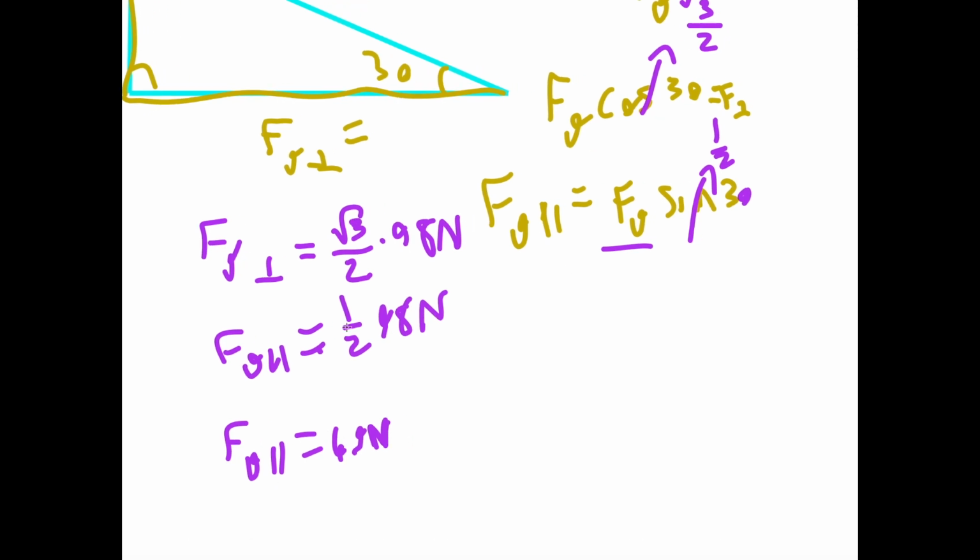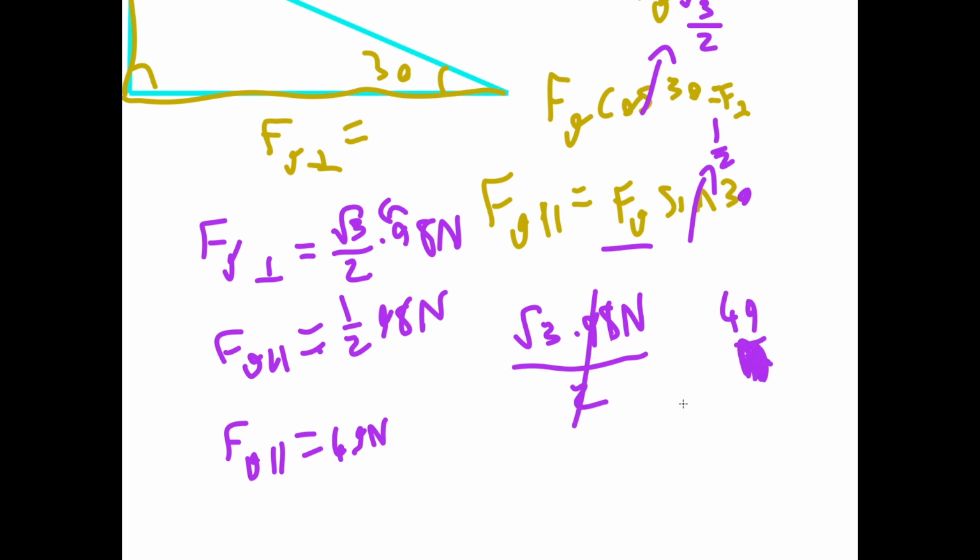Force of gravity that is perpendicular is going to be equal to, well, we can just bring this up to the top. So root 3 times 98 newtons divided by 2, right? So 98 and 2 cancel, so you get 49 over 1. We can ignore the 1, so you're left with 49 root 3. Okay?